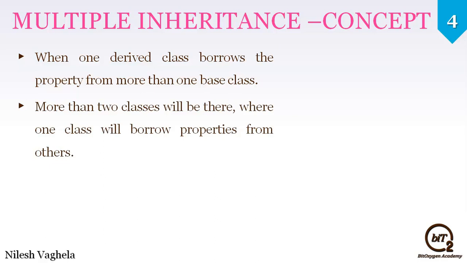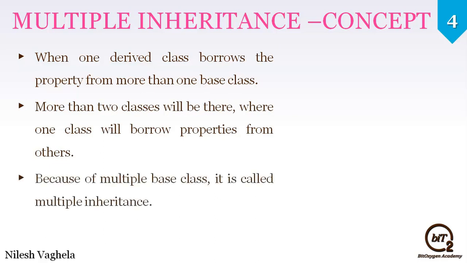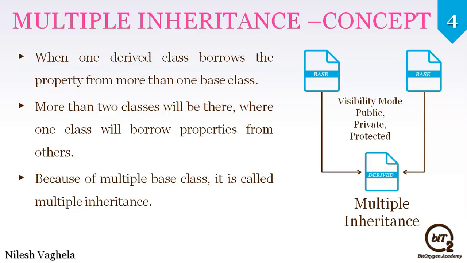As we have multiple base classes in a program, it is known as multiple inheritance. The graphical representation is like this, where we have at least two base classes, it can be more than two base classes, and a single derived class. Visibility modes can also be applied, which are public, private and protected. For different base classes, we can apply different visibility modes depending upon our need.